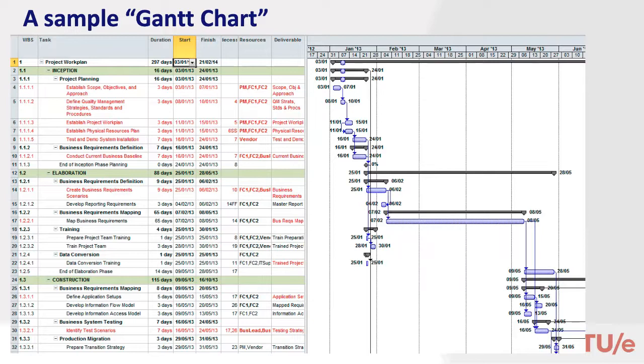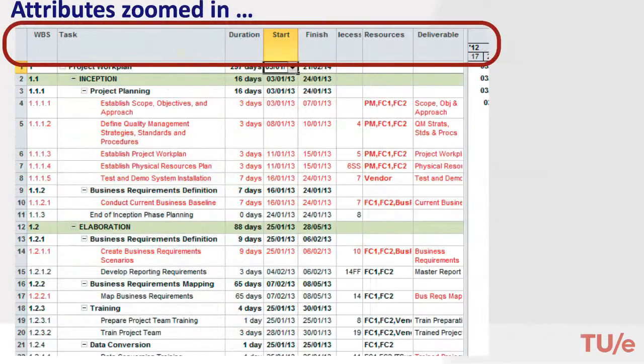So in fact this Gantt chart simply shows the thing that we discussed that I put on the previous slide.